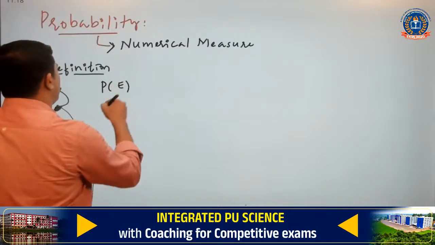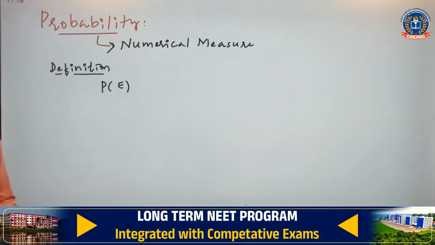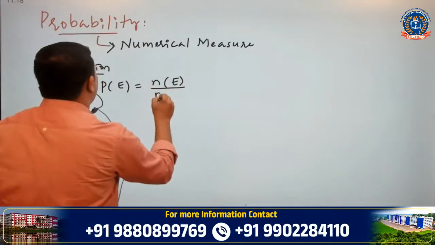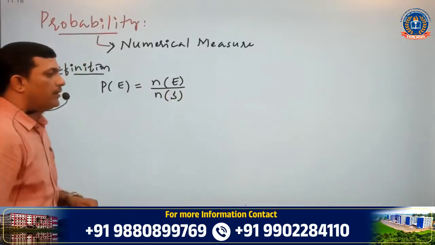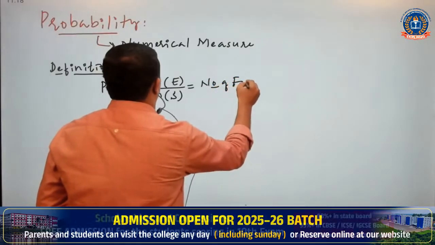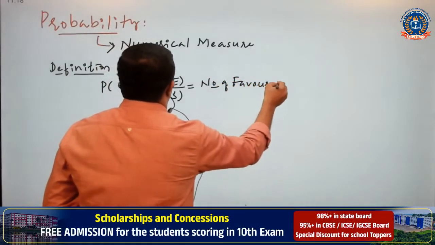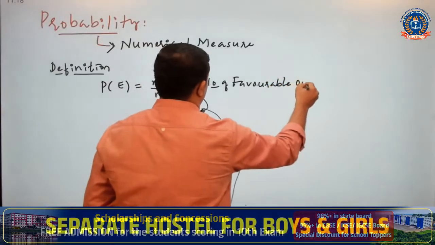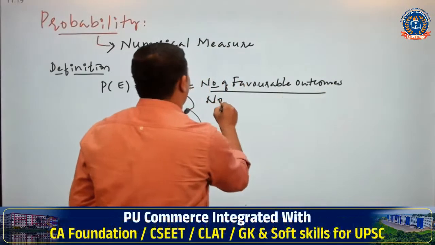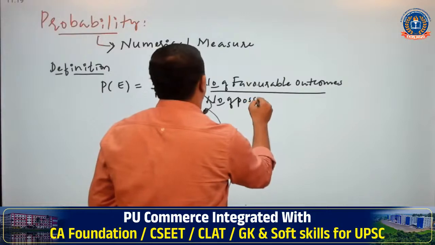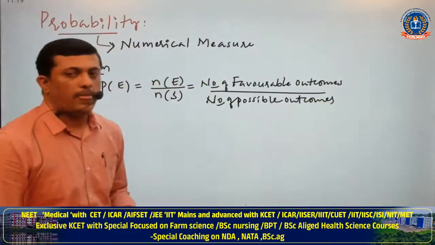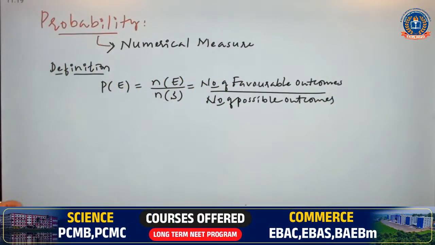E is an event, P of E means the probability of an event, which is equal to n of E divided by n of S, right? n of E means the number of favorable outcomes divided by the number of possible outcomes. So, number of favorable outcomes by number of possible outcomes.